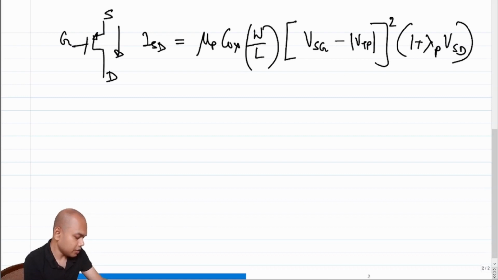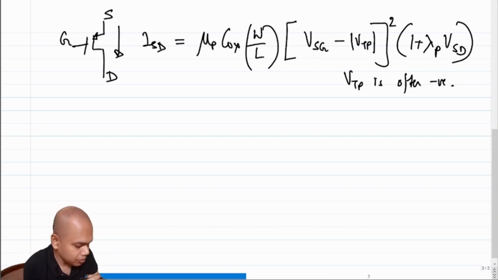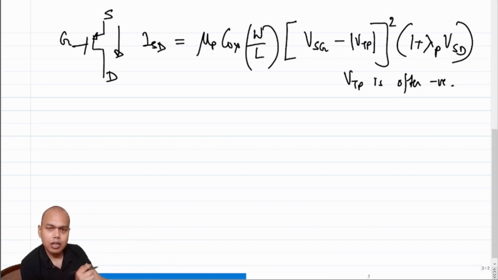Note that in the cases of p-MOSFETs that we will be dealing with, VTP is often negative. However, we will be using mod of VTP simply because we want the equations to look similar to that of an n-MOS transistor, and we don't want to learn a whole new bunch of equations, right?